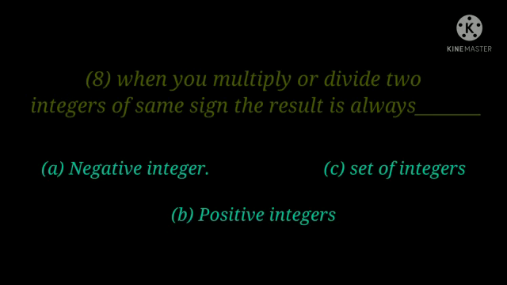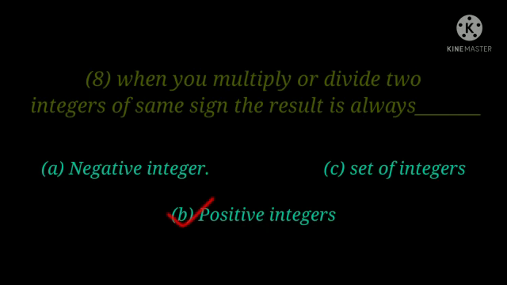When you multiply or divide two integers of same sign, the result is always what? Your time starts now. Think and say. Your answer will be positive integers. Option B. I will explain it clearly.